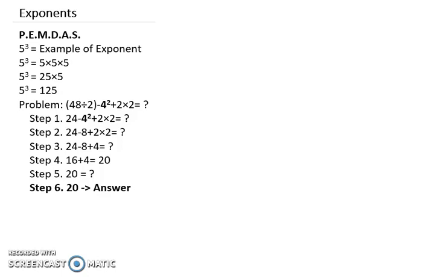In this case, 5 to the third power means 5 times 5 times 5. You can't just go 5 times 3 is 15, because that's totally wrong. What you have to do is multiply 5 times 5, which is 25.